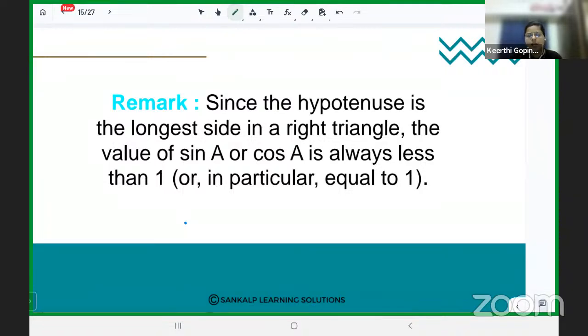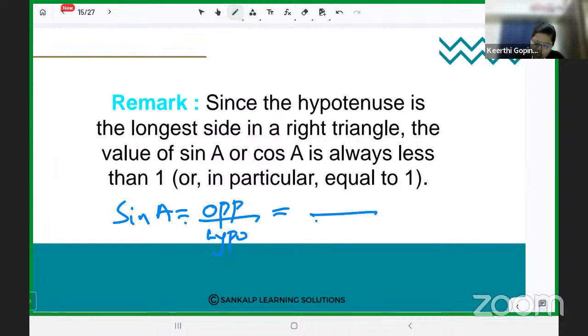So what is it? We know that in a right triangle, the hypotenuse is always the longer side. It will always be the longer side. So we know that sine A is nothing but opposite side by hypotenuse, right? Here you can see that since the hypotenuse is the longer side, the value in the denominator will always be larger.